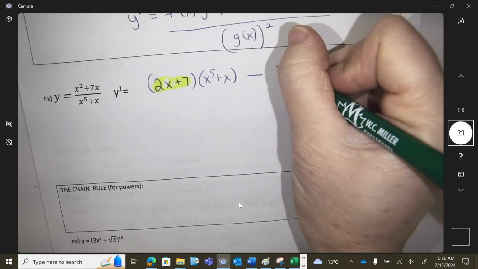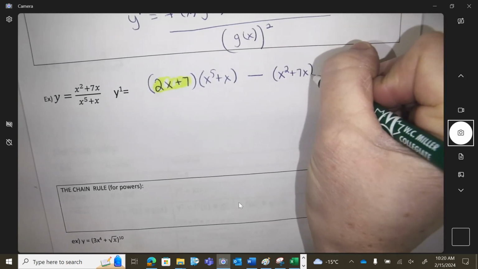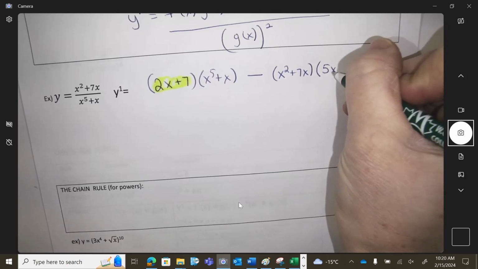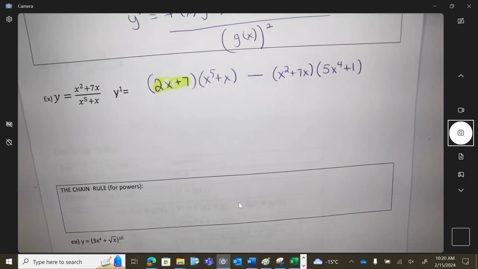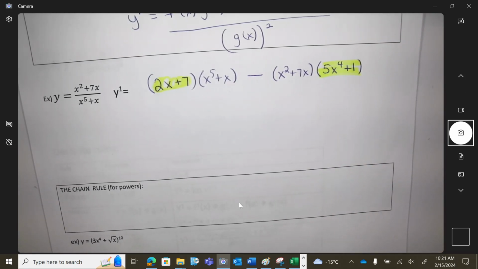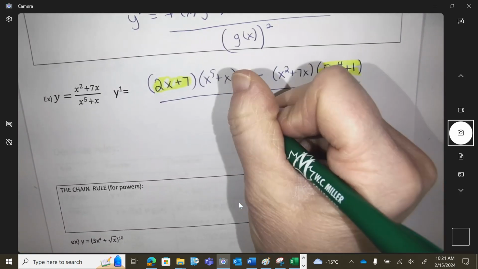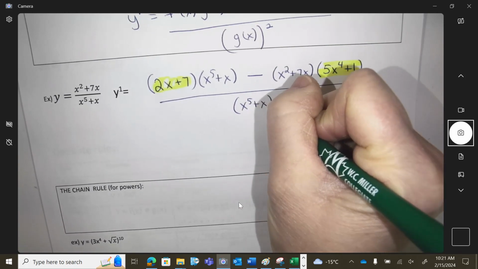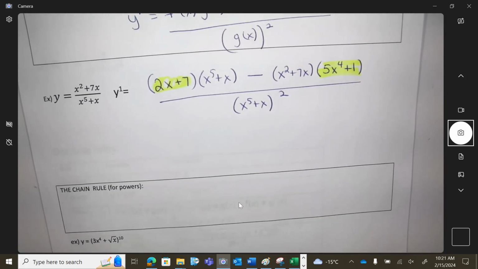Minus keep the top, derive the bottom, divide by the original bottom squared. Okay, I'm not looking for you to simplify that, because then you will be there for another hour.